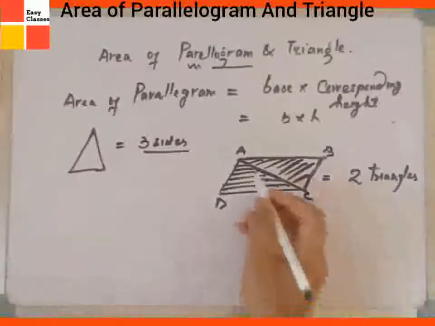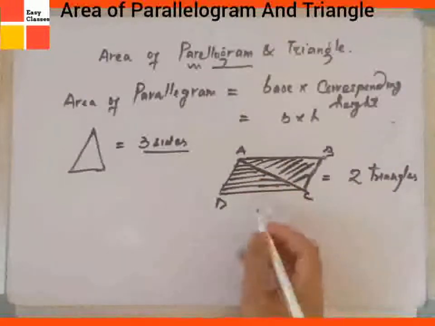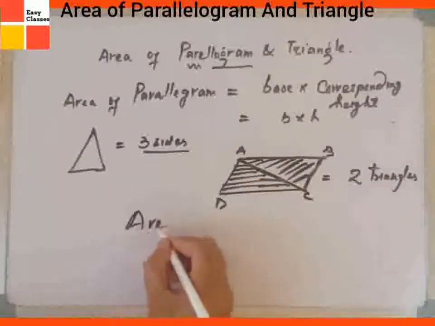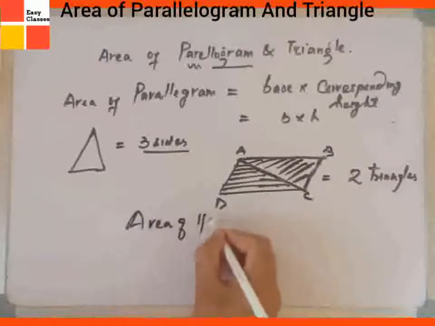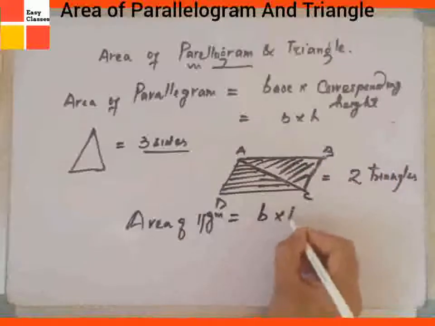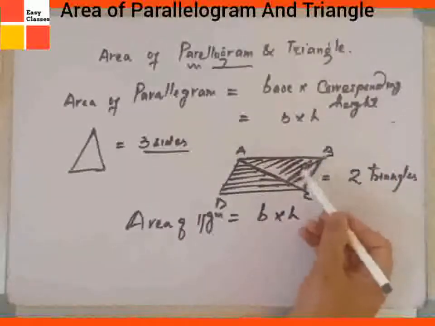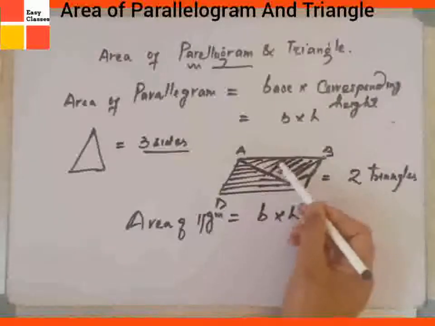We know the area of a parallelogram is equal to base into height, right? So what would be the area of this part? What would be the area of this part?